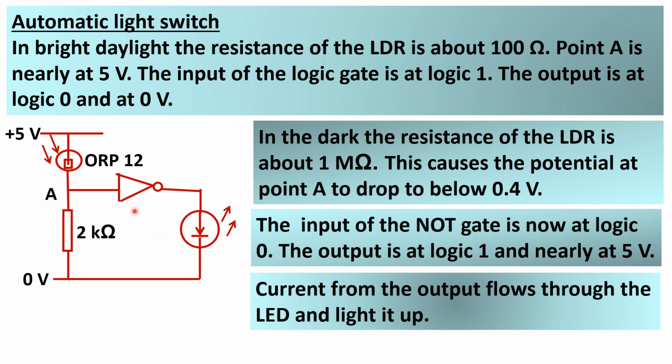With the use of an inverter, the type of gate used here is a NOT gate. Remember, the NOT gate inverts the input. When the input is logic 1, the output is at logic 0. If the input is at logic 0, the output will be at logic 1.